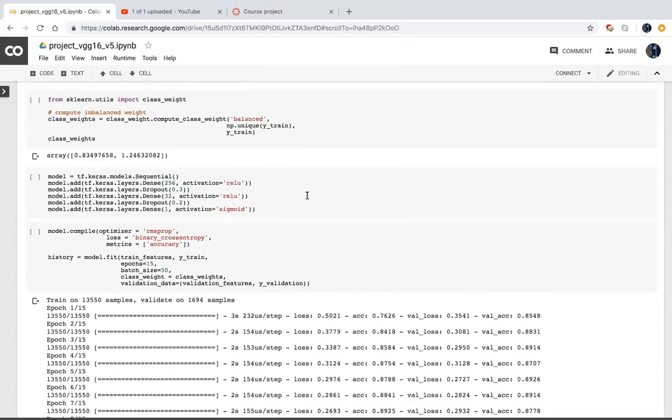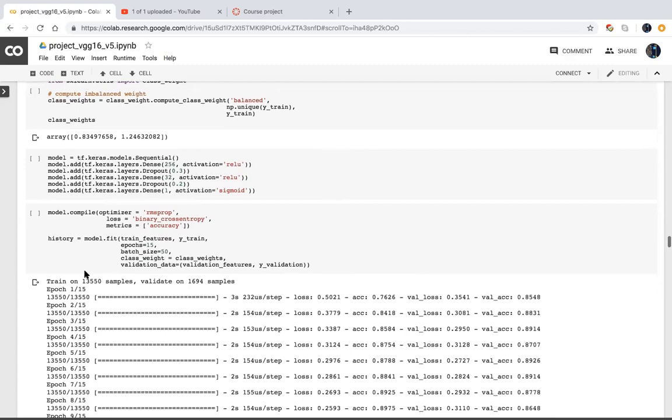There are 3 dense layers, and except the last output layer, the first 2 dense layers also have dropout layers in them to avoid overfitting. At the last dense layer, there is only 1 node, and the activation function is sigmoid, because this is a binary classification problem. The model's optimizer is RMSprop, and the loss is binary cross entropy.